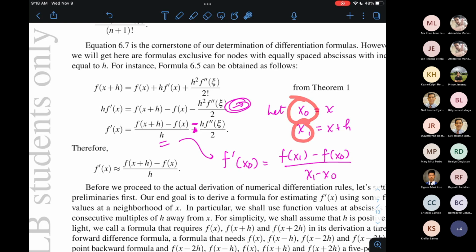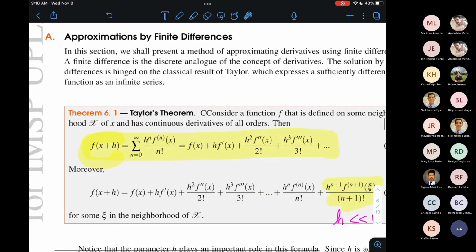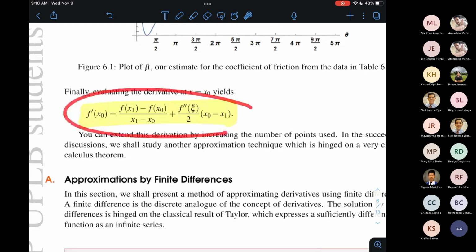X1 minus x sub 0 will be x plus h minus x. That's going to be h. That's the h in the denominator. And then h is x1 minus x sub 0. Pero may negative sa unahan, so magiging x sub 0 minus x sub 1. Tapos f double prime of c all over 2. And we'll get the exact formula that we get by differentiating the Lagrange interpolating polynomial.